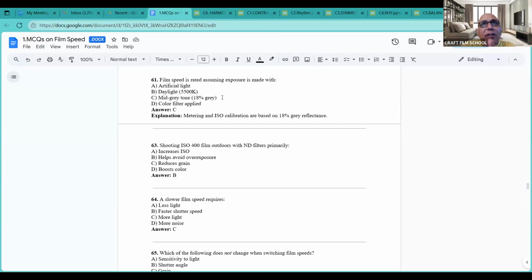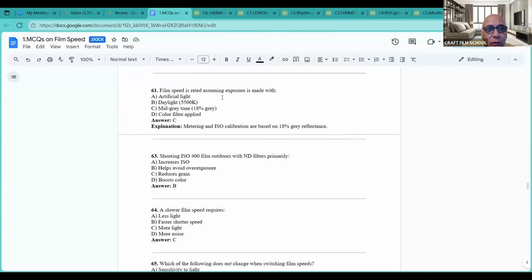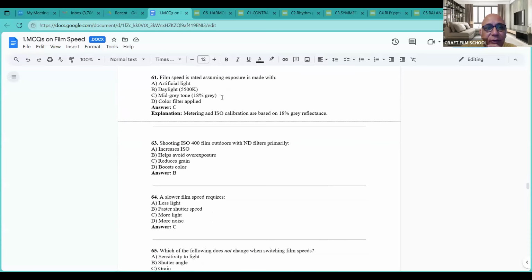So the gray chart, where the incident reading as well as the spot reading are the same, becomes the calibration point for all the cameras for exposure. We'll discuss this 18% gray chart in more detail. Color filter applied? No, it has nothing to do with that. So this is a tricky question, 61.